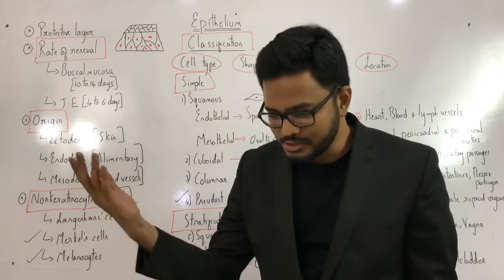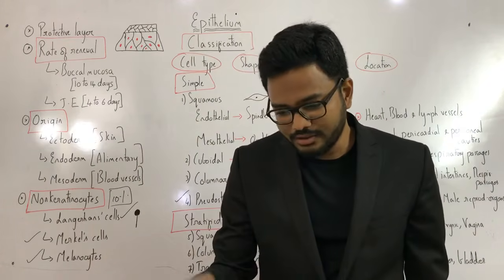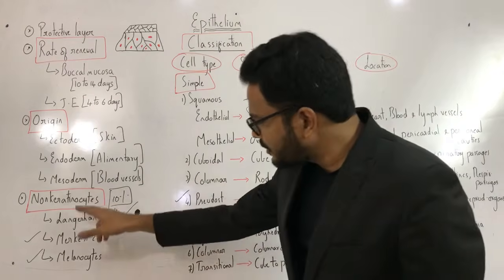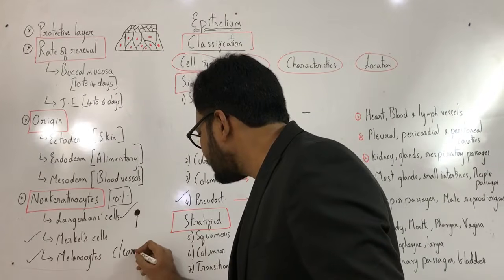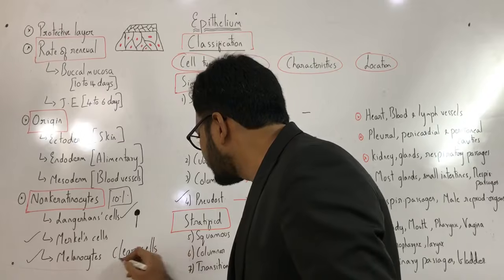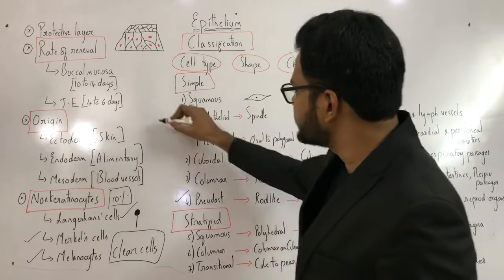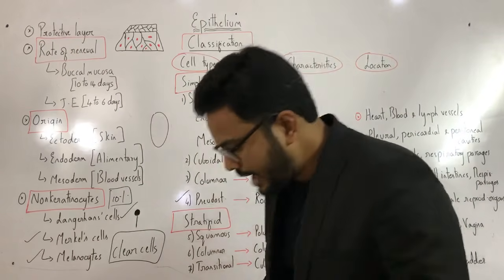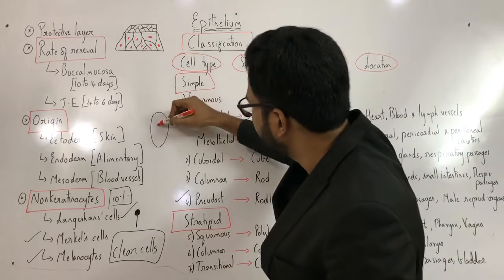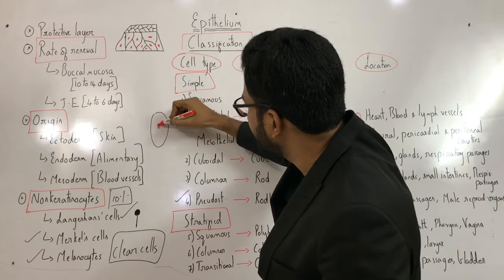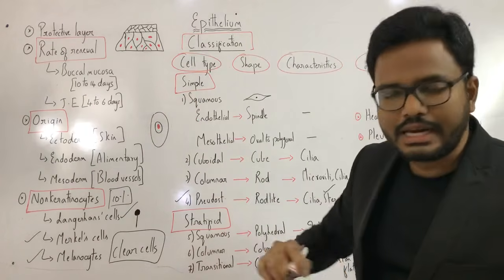Yes, ortho O, zero nuclei, yes, we can remember it anyway. Yes, and also since you're saying O, I just got another point here. So these non-keratinocytes are also called clear cells, because you have a cell, you have some nucleus, and around this nucleus there will be a halo or clear area.